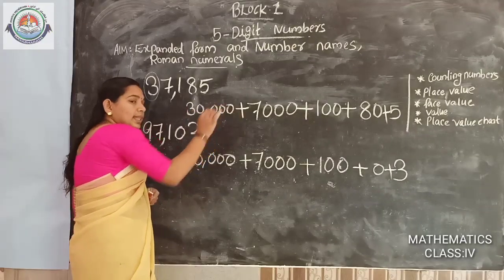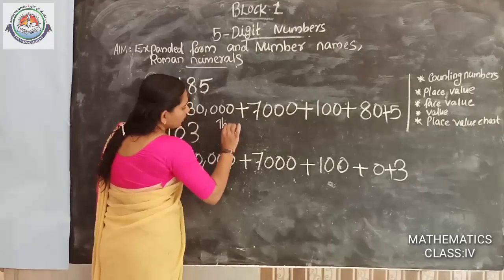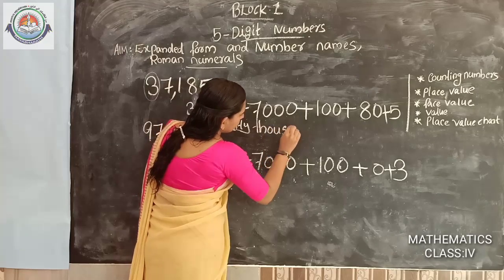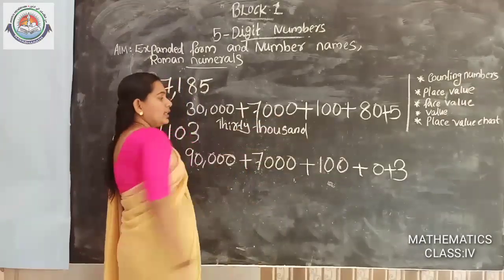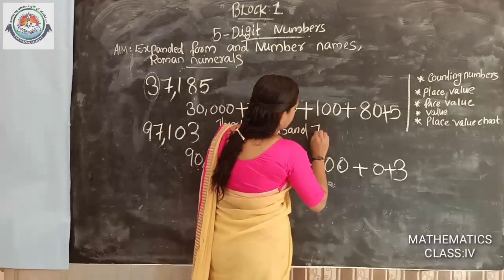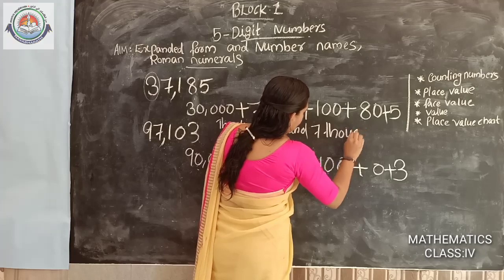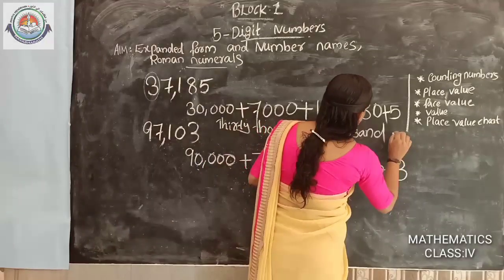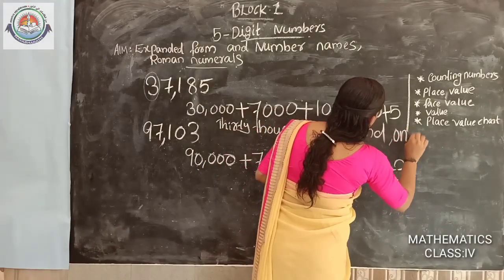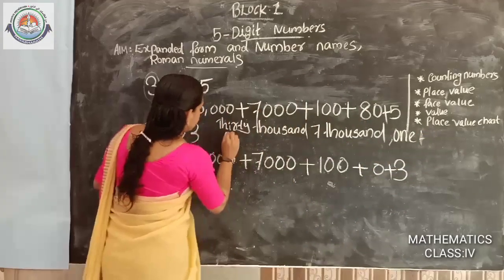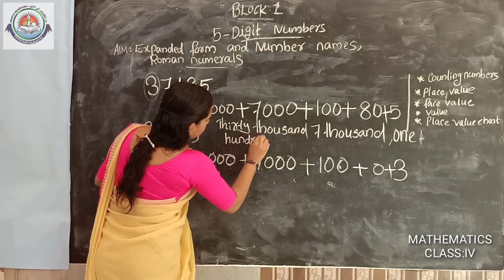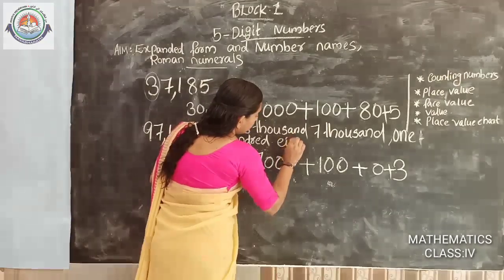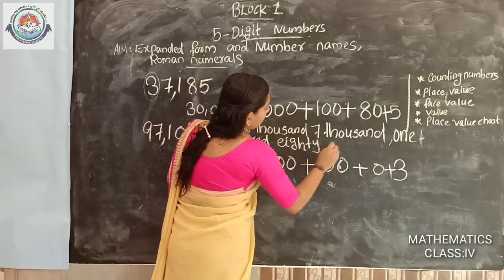So 30,000, we write 30,000. Next 7,000. Then 100. Then 80. Then 5.